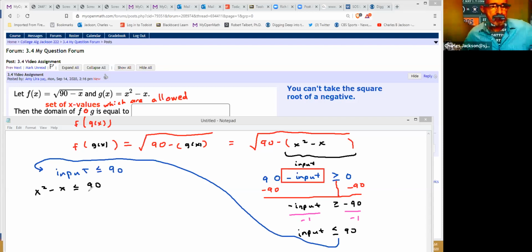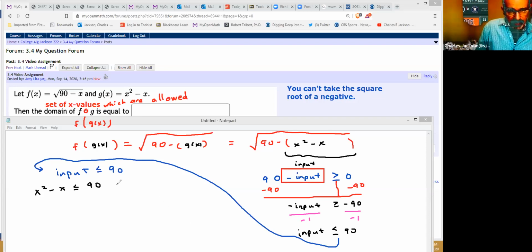Okay. Now, we have to solve that inequality in order to know this domain, which in itself is one of the hardest problems that we do. And we had to do a lot of work just to get there. Okay.